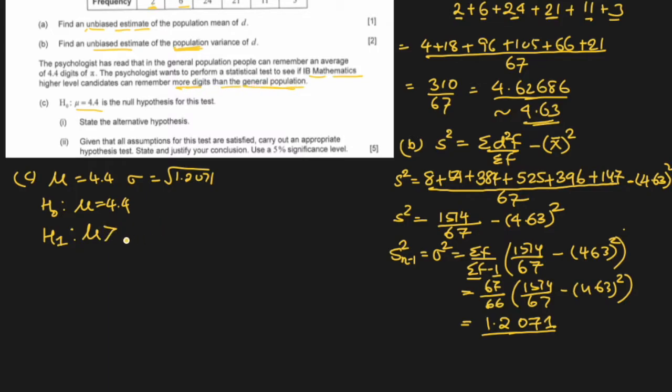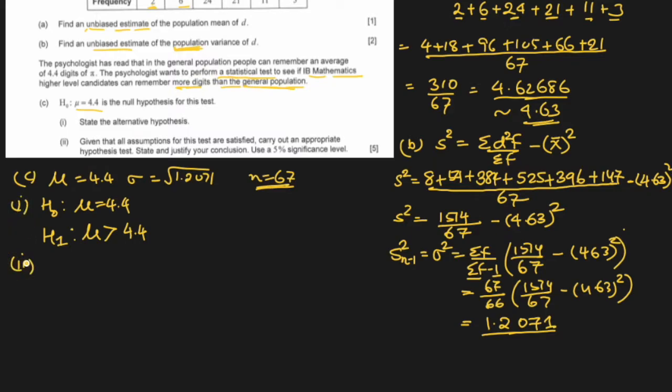So mu will be more than 4.4. This is what our alternate hypothesis will be. Now they said to perform a statistical test, which means they have left it to us. Since n is 67, which is much more than 30, we can use a z-test. So this was number 1.